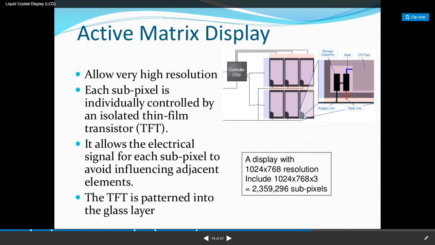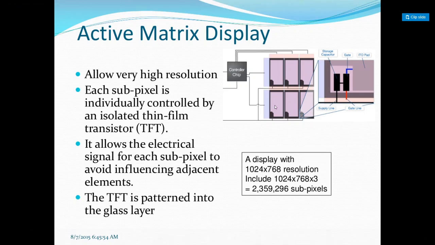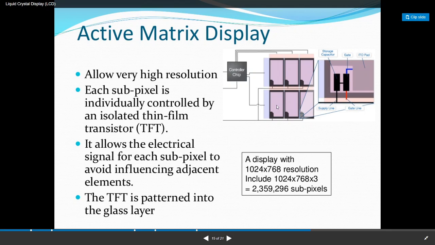There is a small portion where you can see the capacitor, gate, ITO pad, supply line and gate line. So what does it do? It controls each pixel's intensity. In the previous one there is no control of each pixel; the controller just gives the information that has to be displayed.